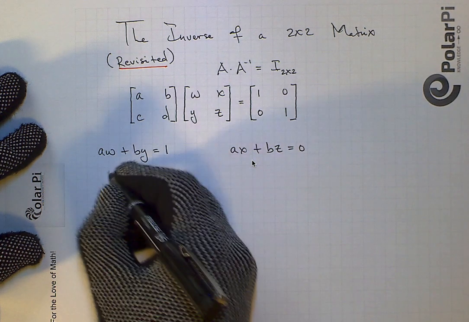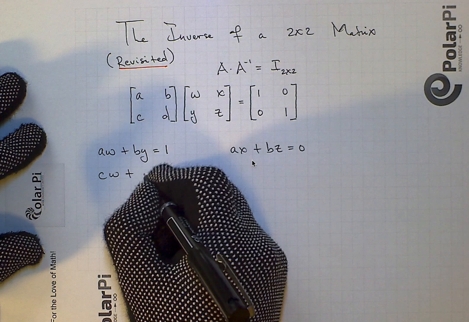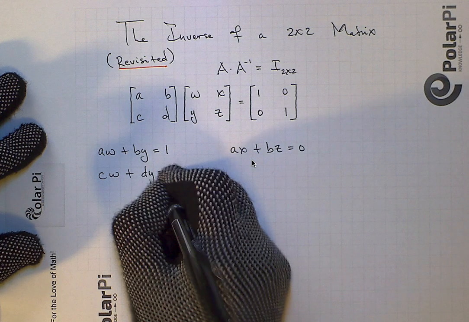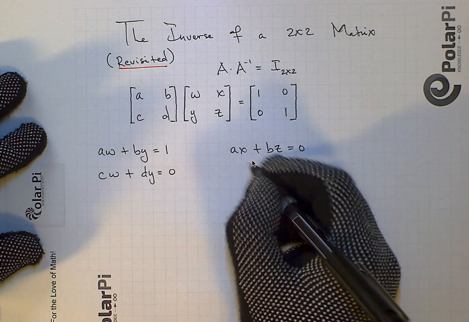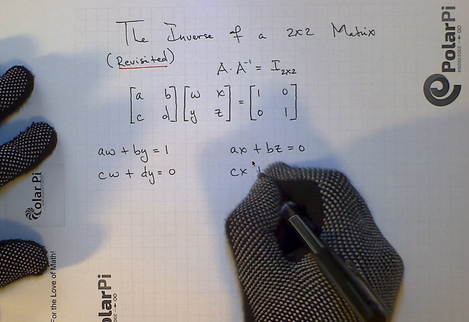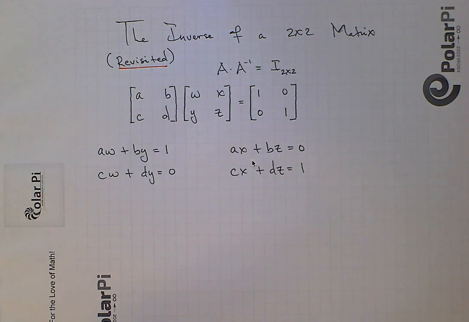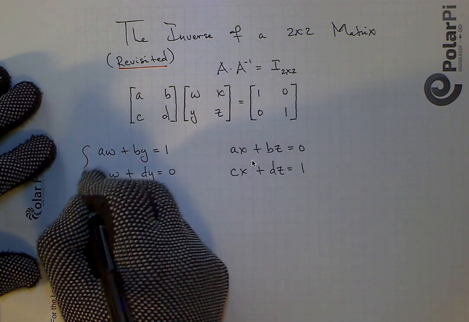Another says that CW plus DY is equal to 0. And our final one says CX plus DZ is equal to 1. This is just matrix multiplication. That's how I got these 4 equations.